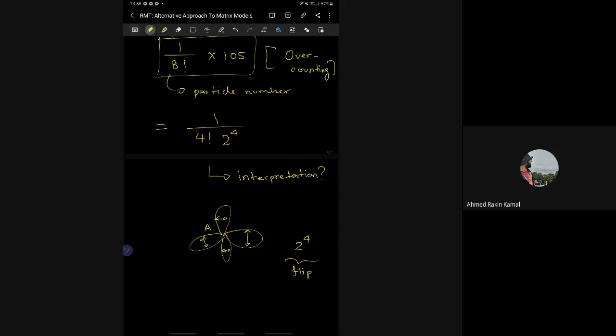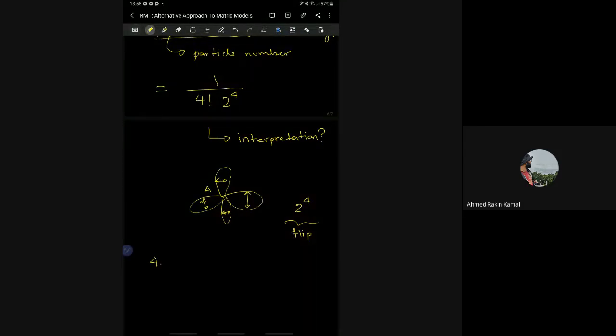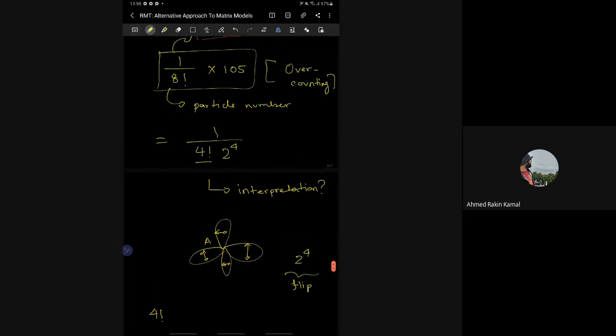This number, we'll see it in a bit. It has a beautiful interpretation. And the other number, 4 factorial, this is the ordering. Okay, you have 4 petals. You can order them in any way.